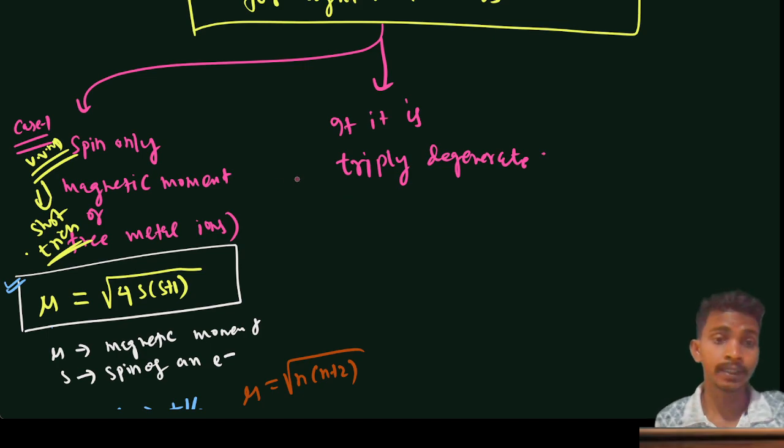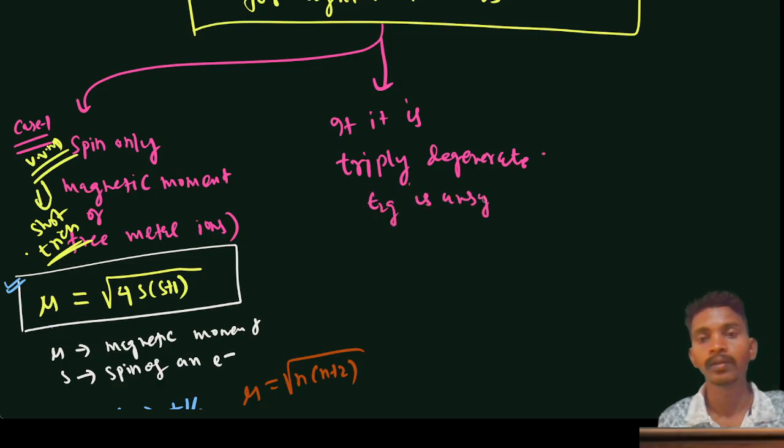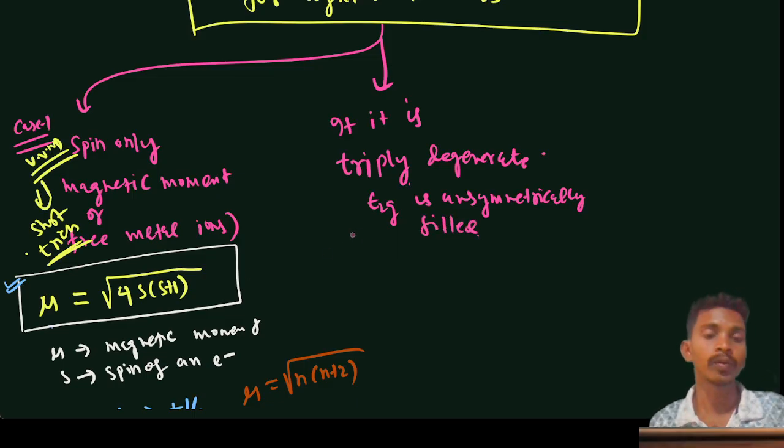If it is triply degenerate, it means that T2g is unsymmetrically filled. Okay, in that case, how will we calculate the magnetic moment? T2g unsymmetrically filled means we know how the d orbitals are.